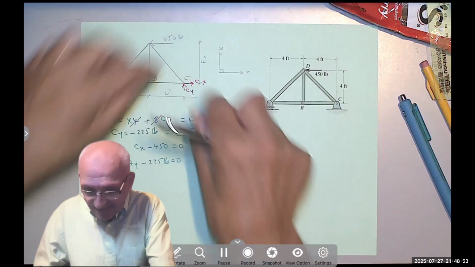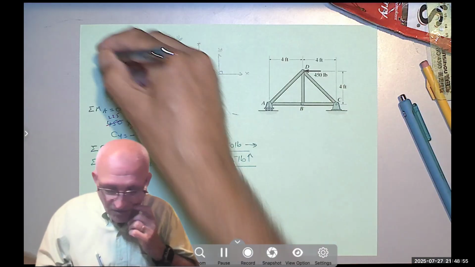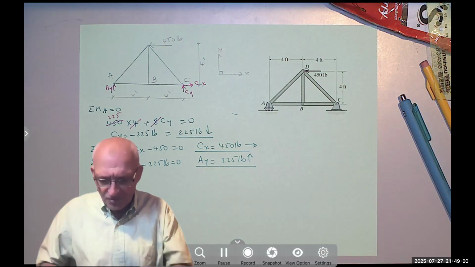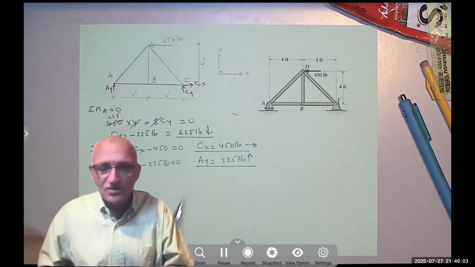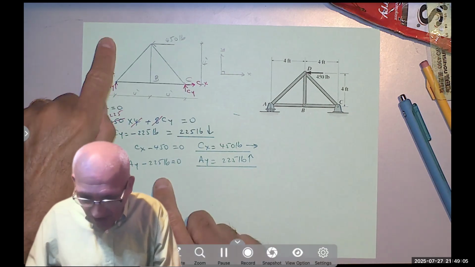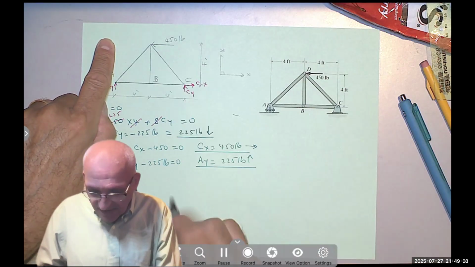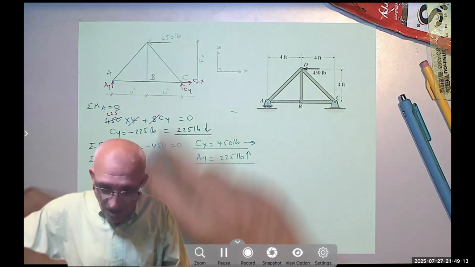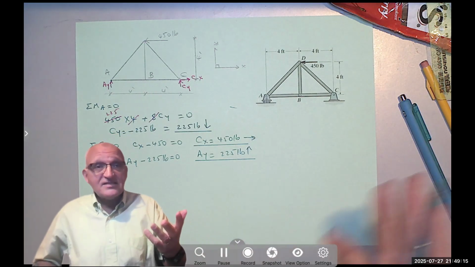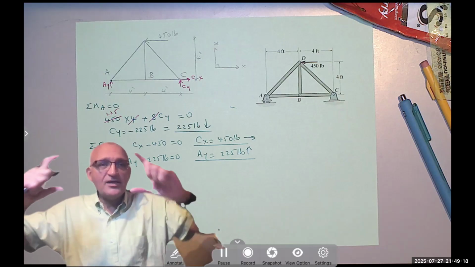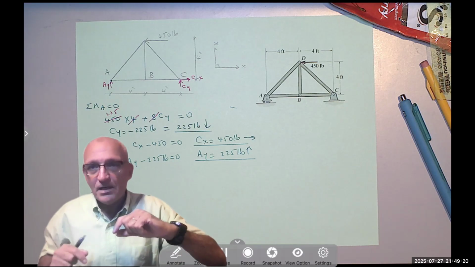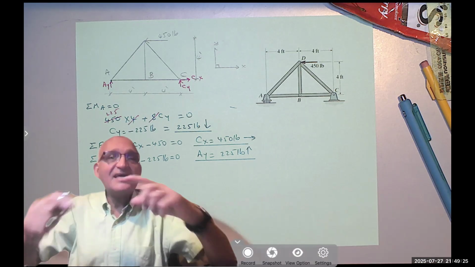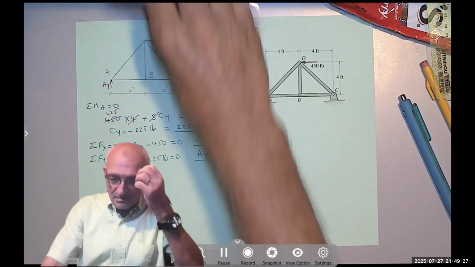So I can take them out and draw a counterclockwise moment of magnitude 1800. So is the truss going to rotate counterclockwise? No, I have Ay going up, Cy going down, a distance of 8, and 8 times 225 is 1800 going clockwise. So really, this truss is subject to two equal and opposite couples of magnitude 1800 each one, and they cancel each other, and that's why the truss is in equilibrium.